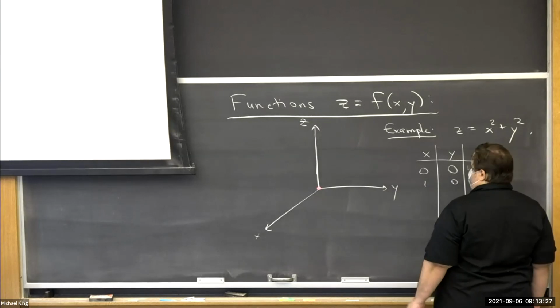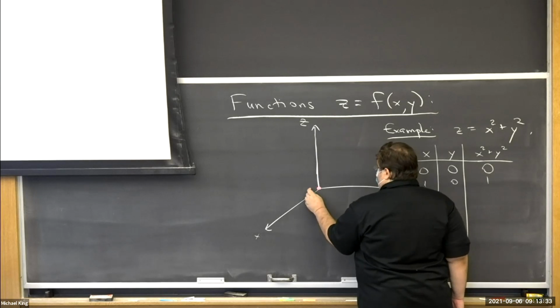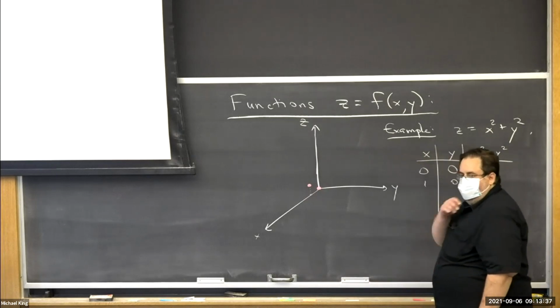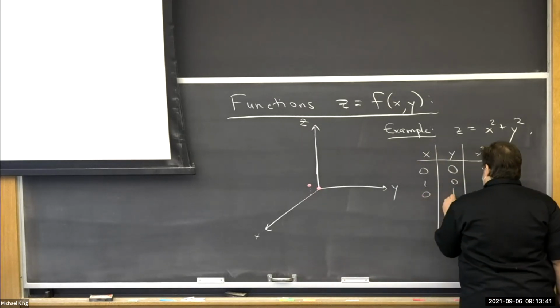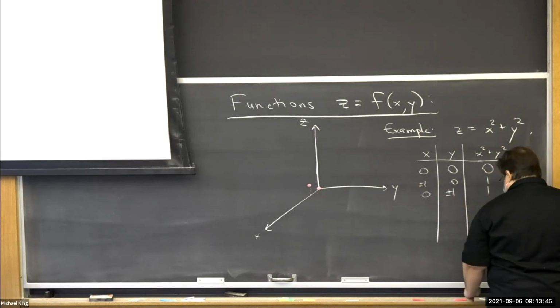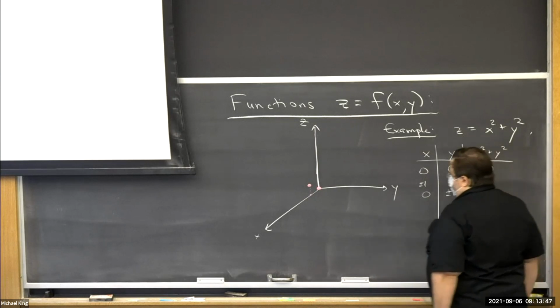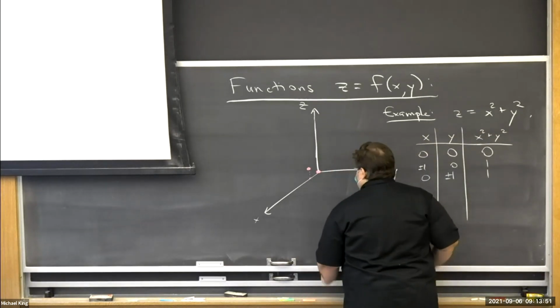So, okay, let's think about that. That's plugging in this point. This is the point 1, 0, but I go up 1. So it's actually like that. If I plug in 0 and 1, maybe I should do plus or minus 1, I get 1. So you'll start to see quickly that this is kind of hard to draw.